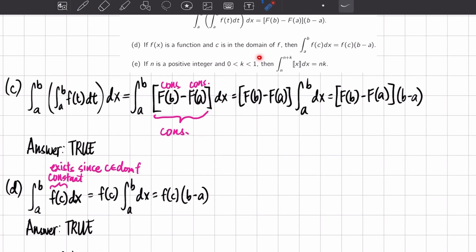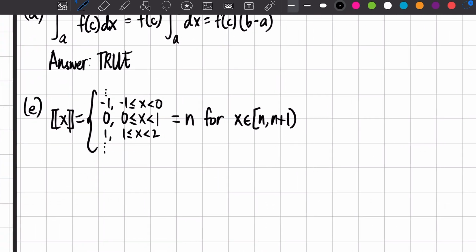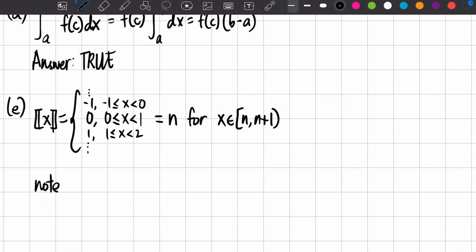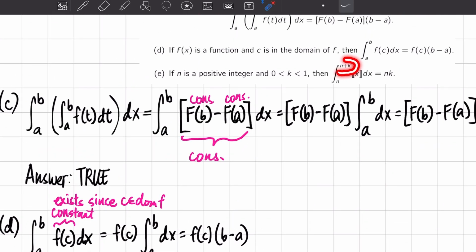Okay? Now, the k that we are considering is in between 0 and 1. So take note, k is in between 0 and 1. And the bound that we are considering here is n plus k.